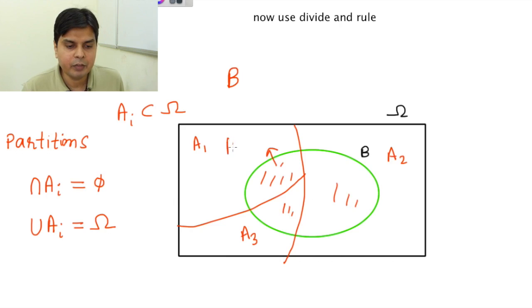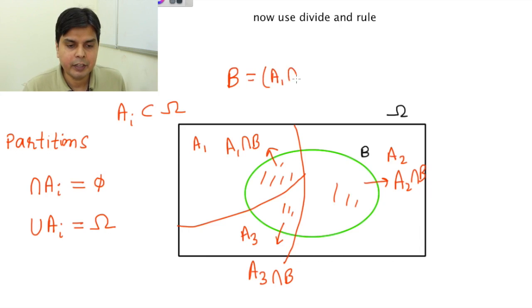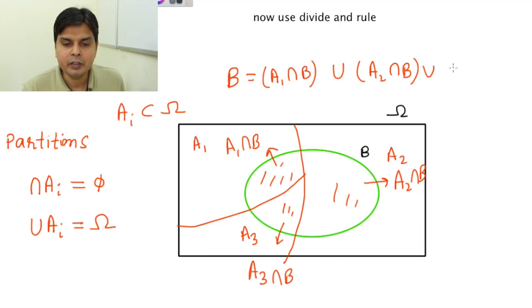This is A1 intersection B. You can see this portion is A2 intersection B, and the third portion is A3 intersection B. So my set B comprises three sets: A1 intersection B, union A2 intersection B, union A3 intersection B.